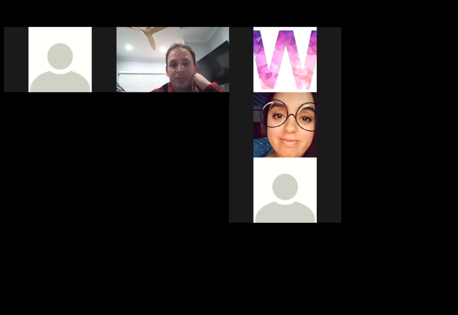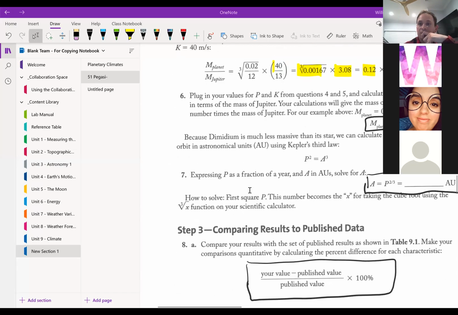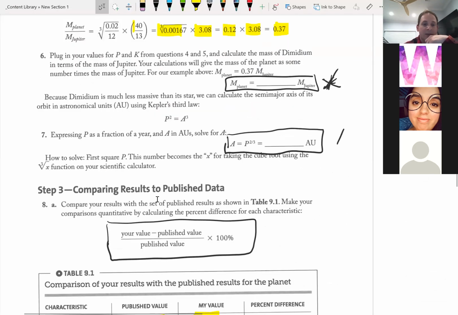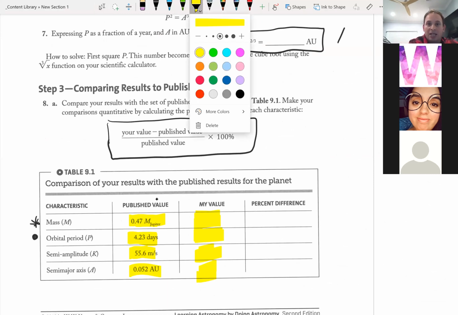Professor, I have a question. Mhm. For step number 3 in the table, the semi-major axis would be number 7 in step 2, or would it be number 4? Step 3 in the table, right? The semi-major axis, so I'm going to highlight this with orange, right?